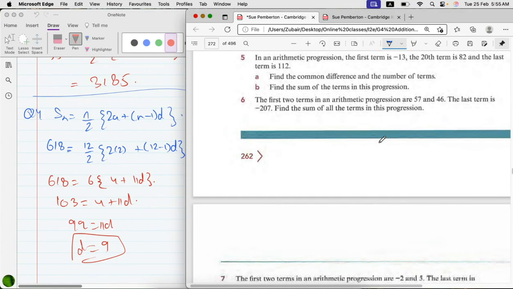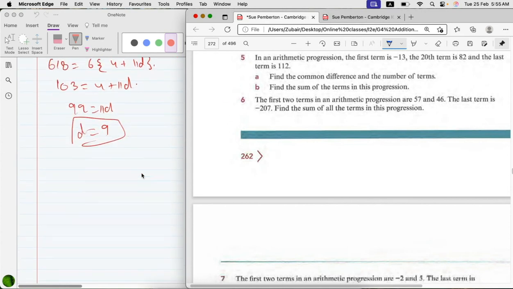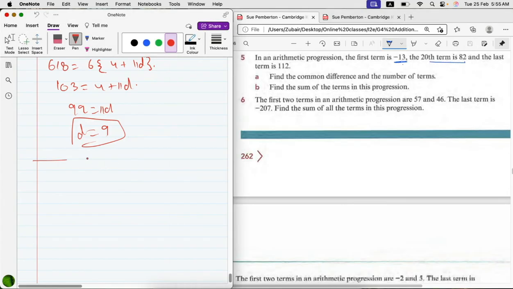Yeah, we'll work it out through the equations. In an arithmetic progression, the first term is minus 13, the 20th term is 82. So a is equal to negative 13. And then the 20th term, T20, is a plus n minus 1 into d.